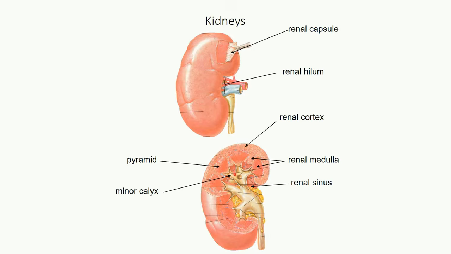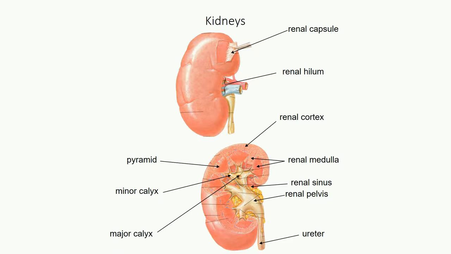So the fluid collects in the minor calyces. Several minor calyces will collect together to form a major calyx, and then the 2 to 3 major calyces that we see within each given kidney will fuse to form the renal pelvis. From here, the fluid will drain out of the renal pelvis into our ureter.